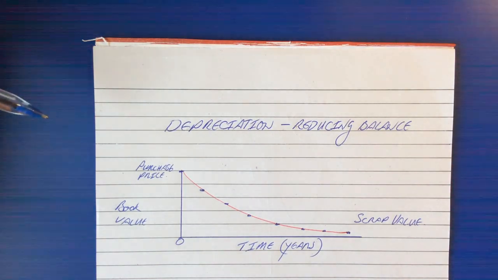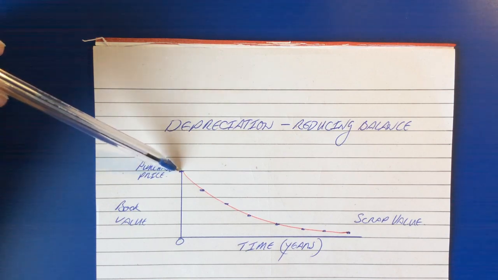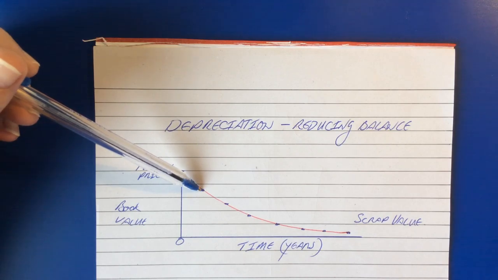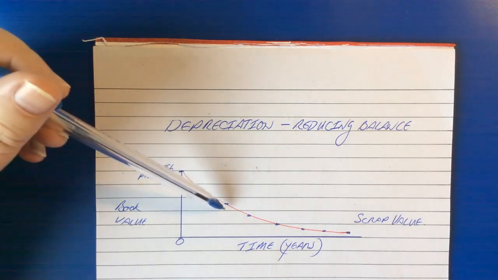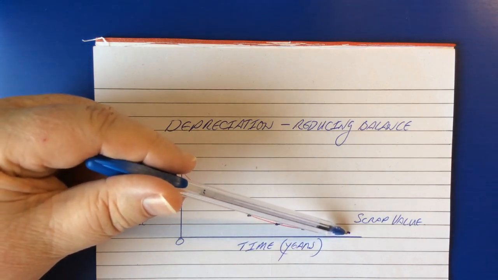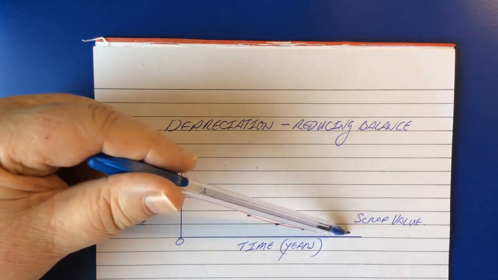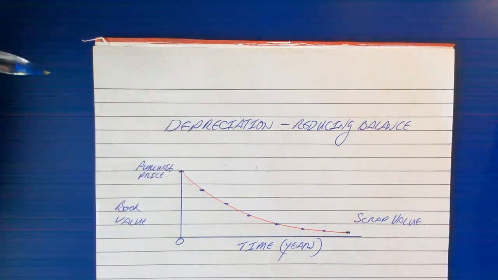But it can differ. And what happens is the asset is purchased at a particular price. In the first year it's depreciated by a percentage of that price to get to this value. In the following year it's depreciated by a percentage of this value to get to this value, and so on, until it reaches an agreed value, which might be the scrap value, or until it gets so close to zero that it's not funny.